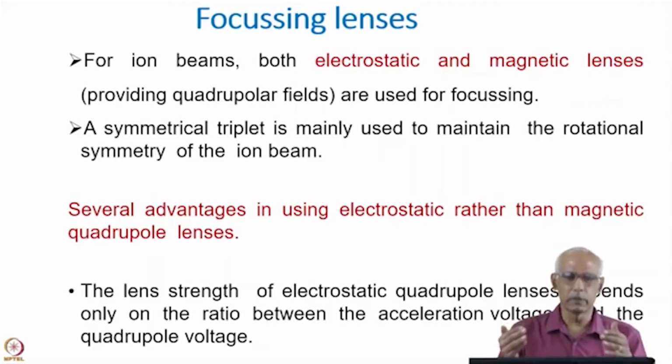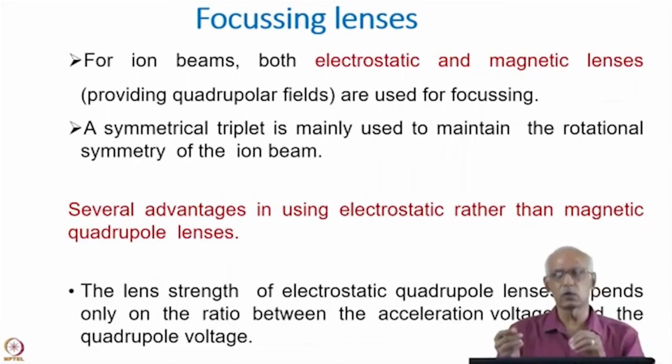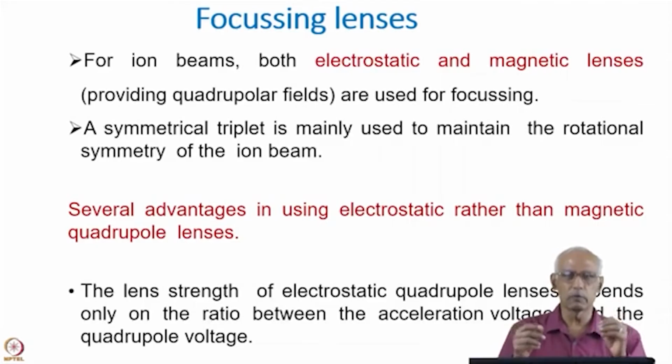Then you will see that if you are using these doublets, that means two quadrupoles, either electrostatic or magnetic, one quadrupole always focuses in one plane and it defocuses in the other plane. And therefore, if you want to have focusing in both the planes, then you have to use a doublet, minimum.